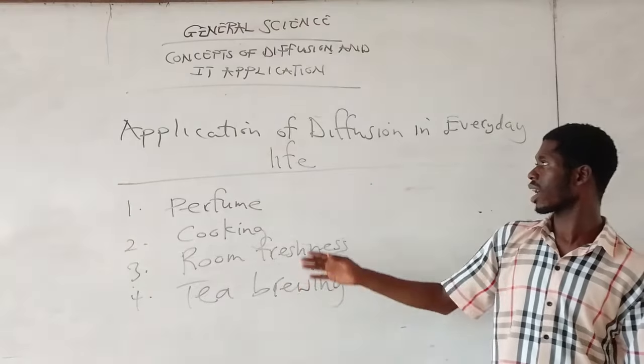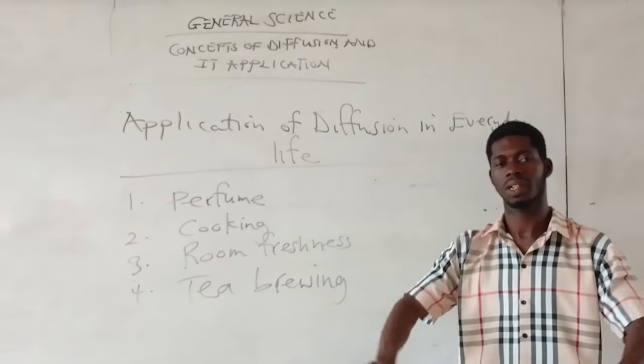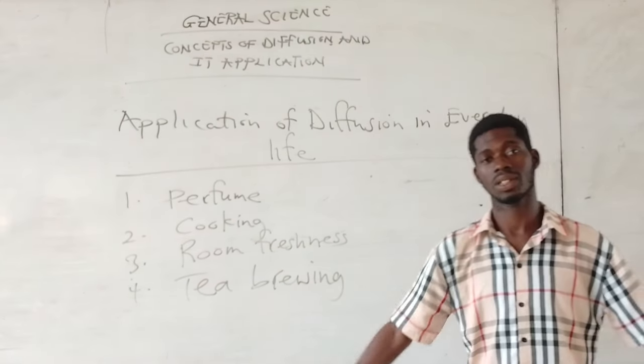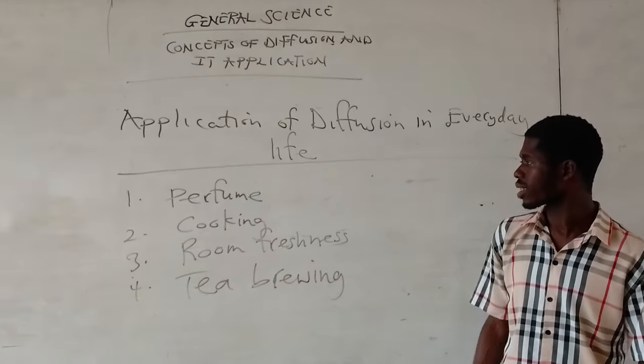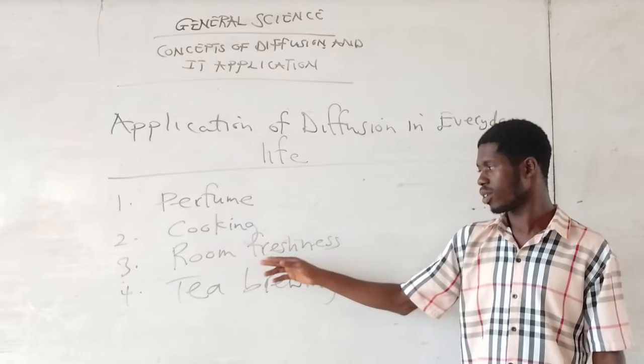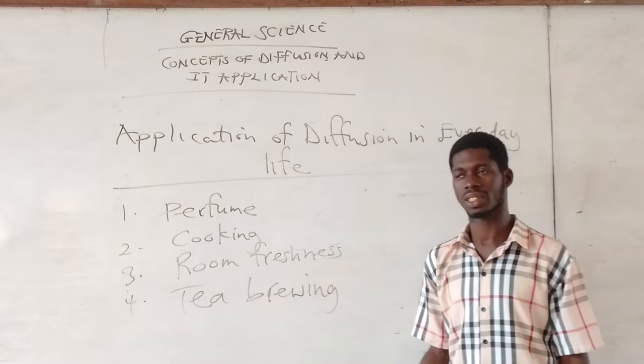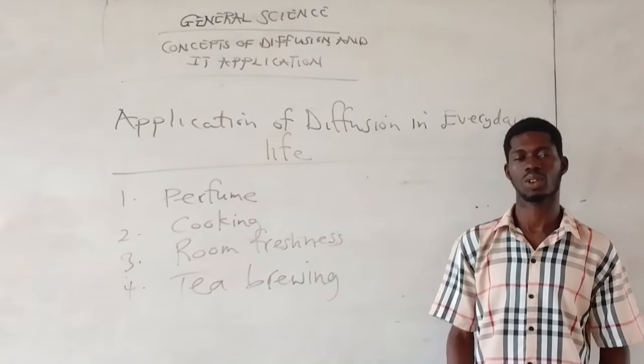So these are some of the applications of diffusion in our everyday life. We have been experiencing it in our environment: the use of perfume, cooking, room freshness, tea brewing.